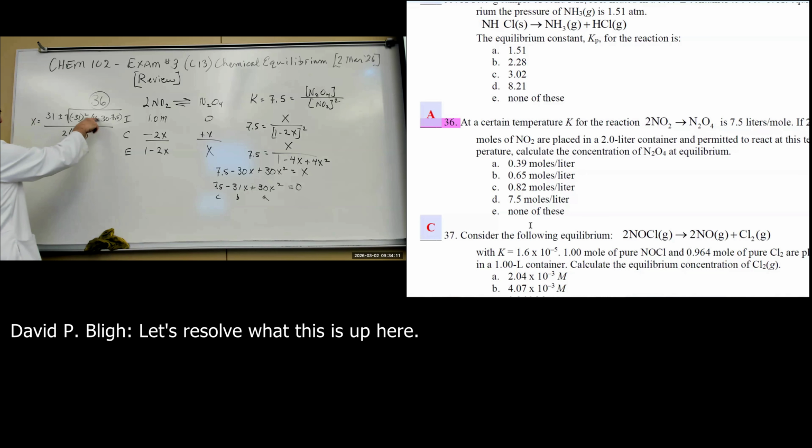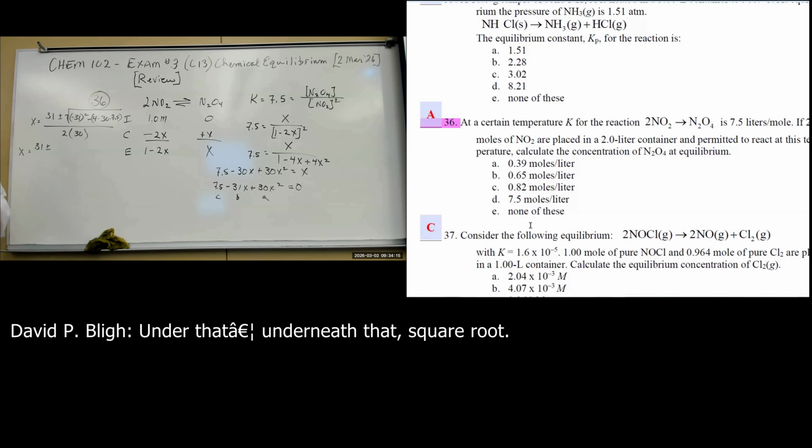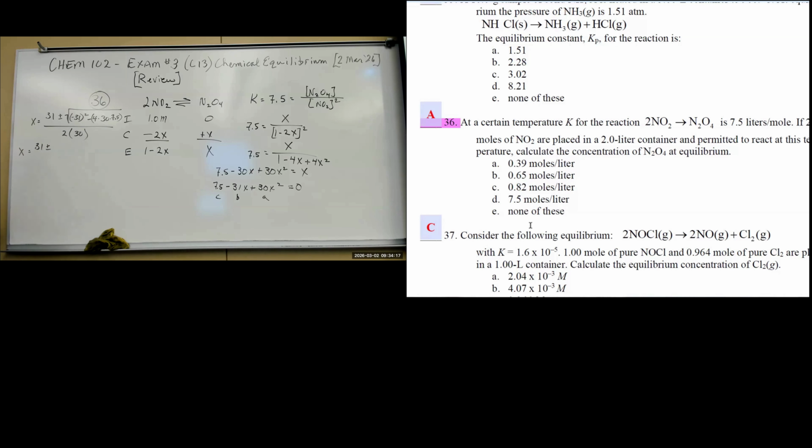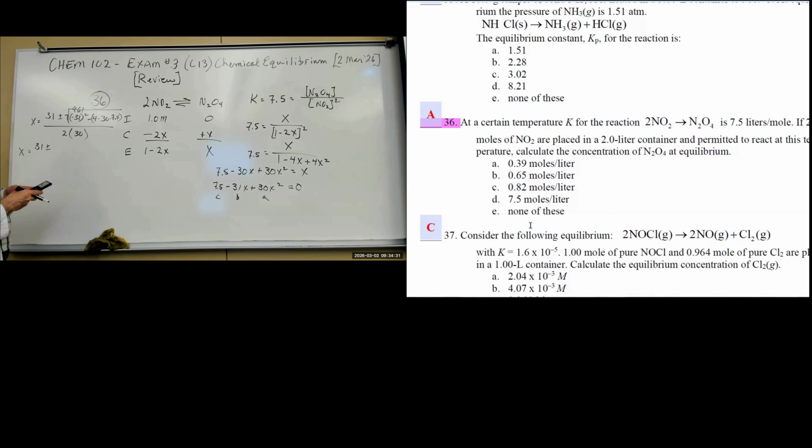Okay. Let's resolve what this is up here underneath that square root. 31 squared is 961. And then minus 120 times 7.5 is 900.